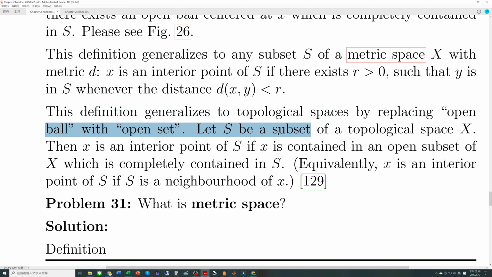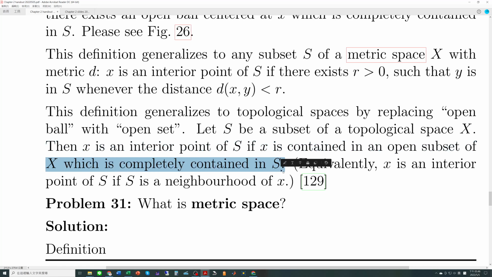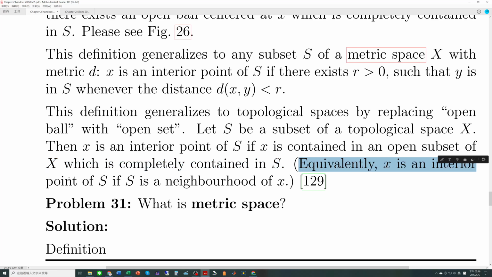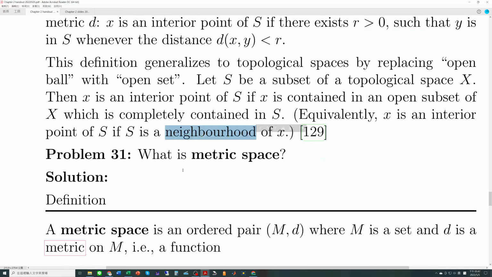Let S be a subset of a topological space X. Then x is an interior point of S if x is contained in an open subset of X which is completely contained in S. Equivalently, x is an interior point of S if S is a neighborhood of x, just as we have introduced earlier.